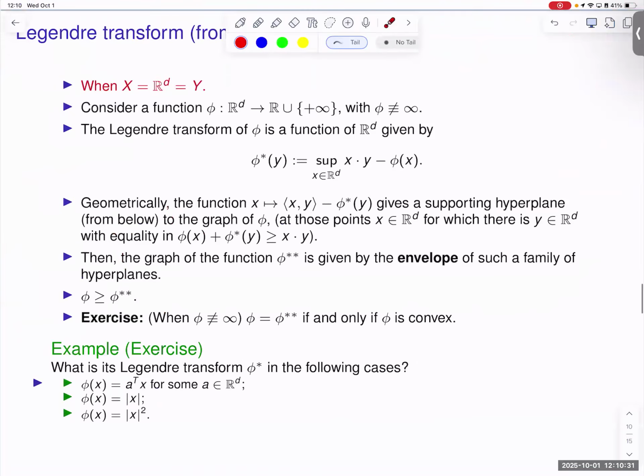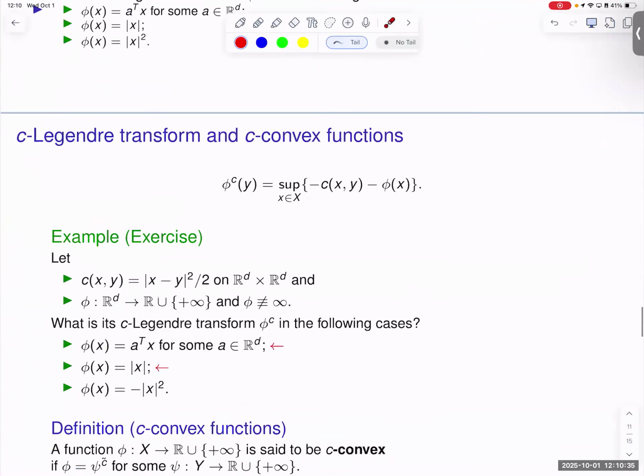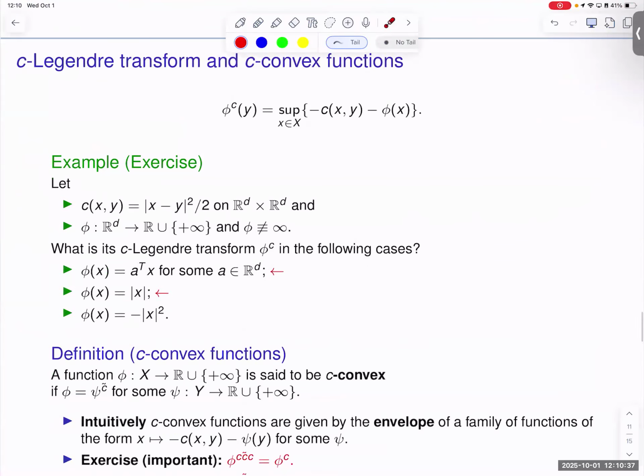Last time we played with the Legendre transform and these examples, and you can play with the C-Legendre transform with some particular examples to have some intuition of what's going on. So I suggest doing these two examples.